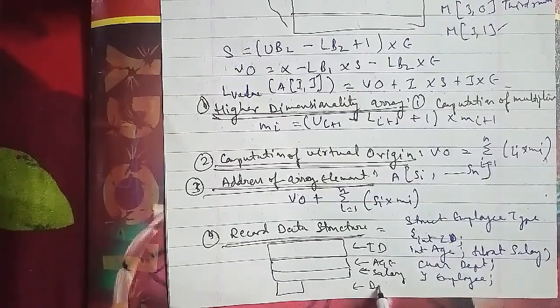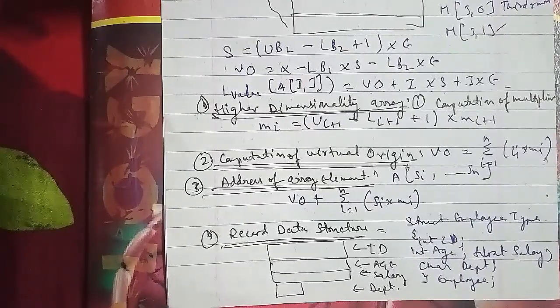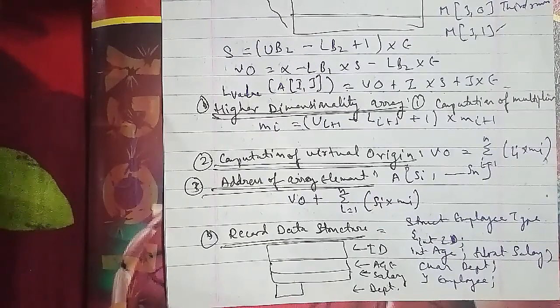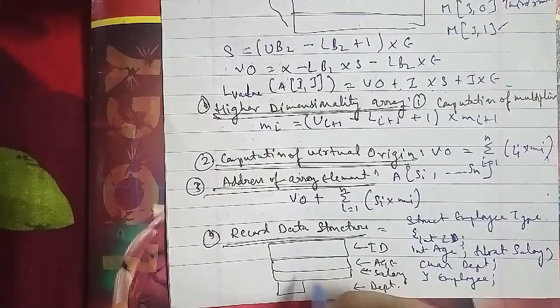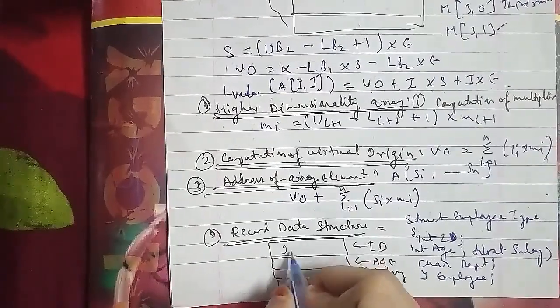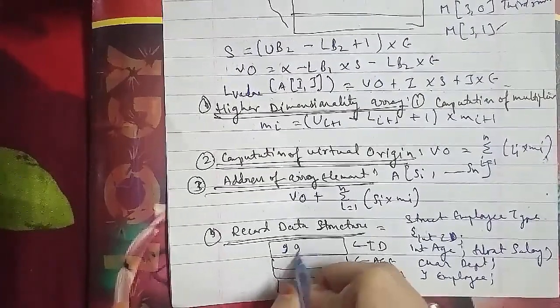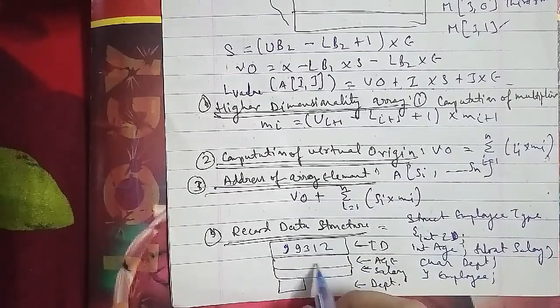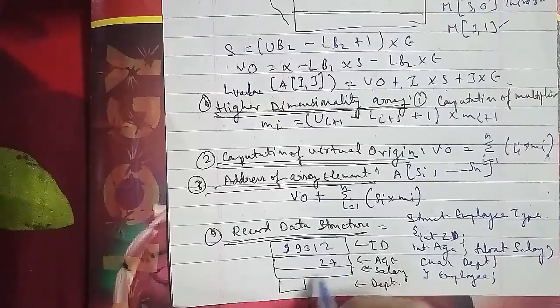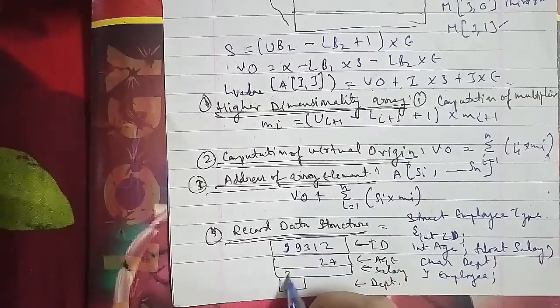So in the same case, the ID is 99312, the age is 27, the salary is 290.10, and of course the department that we have is Z.